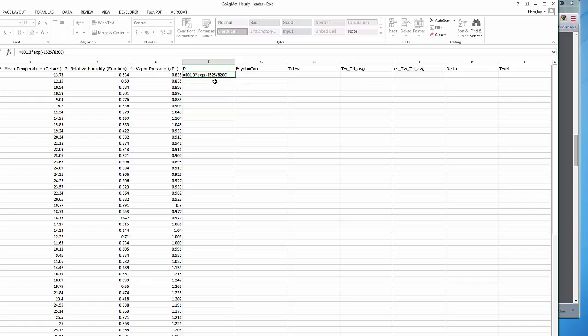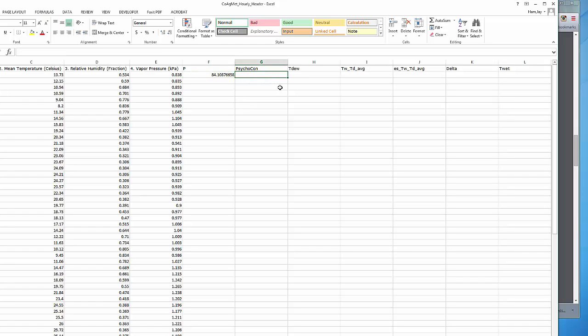So in this example, my elevation is 1,525 meters. If you were at a different location, you would put in your elevation, again in meters. And we can see that we get about 84 kilopascals. That's what we would expect for our elevation here in Colorado.